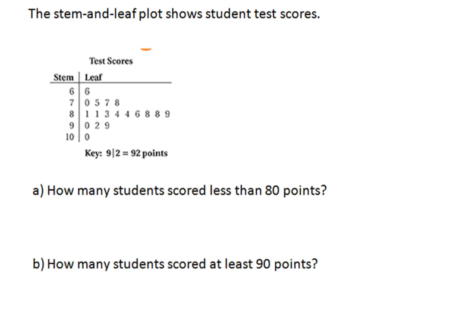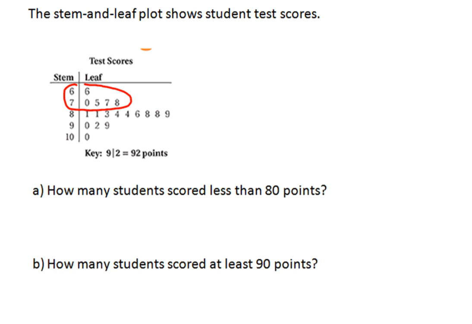Now let's do a practice problem using a stem and leaf. This stem and leaf talks about students' test scores. How many students scored less than 80 points? All of these numbers are less than 80 points: 66, 70, 75, 77, and 78.